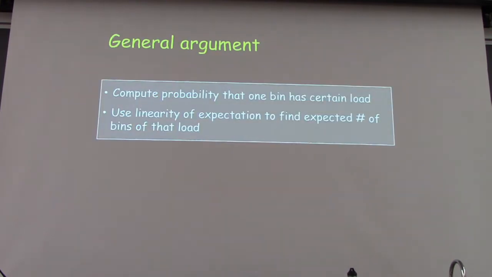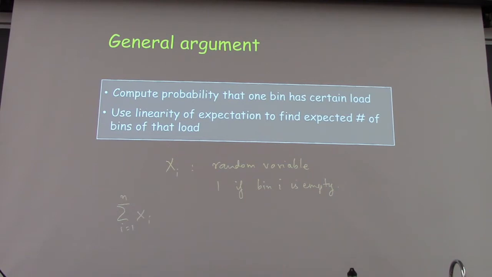We defined xi to be a 0, 1 random variable, and it's 1 if bin i is empty. Then the number of empty bins, you could write as the sum over i equals 1 through n of xi.